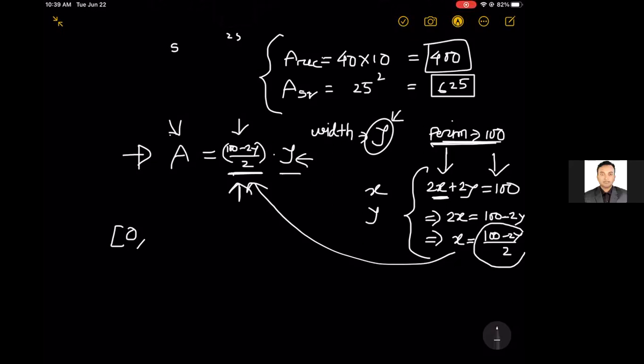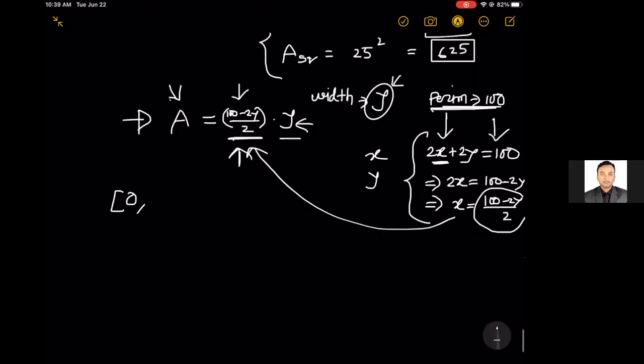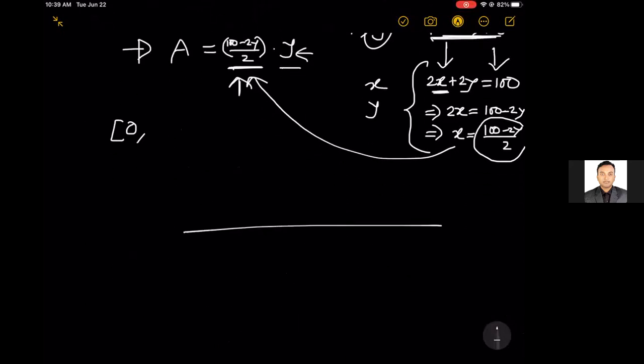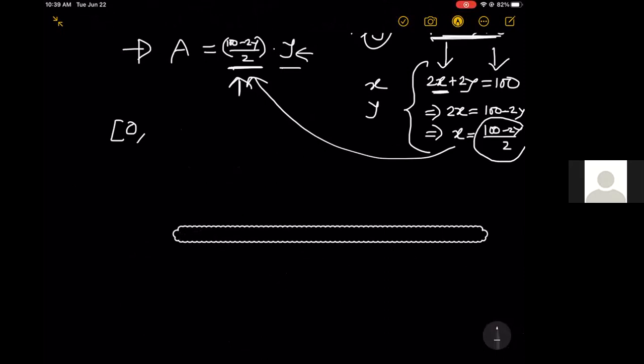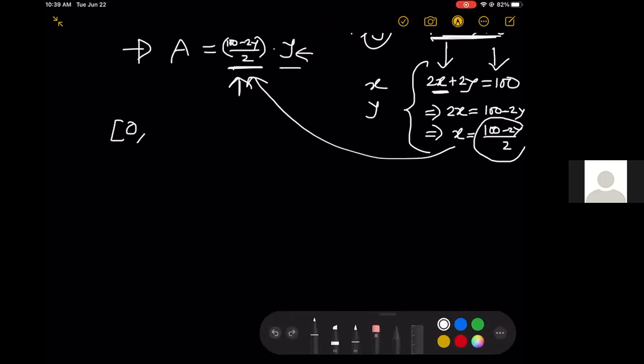So first of all, for the perimeter, we picked 100, right? Yeah. So even if we pick the highest in one direction, let's say like this, it would be 49, 48.